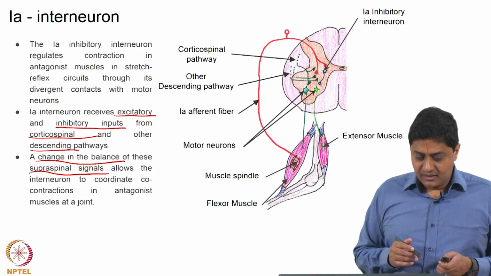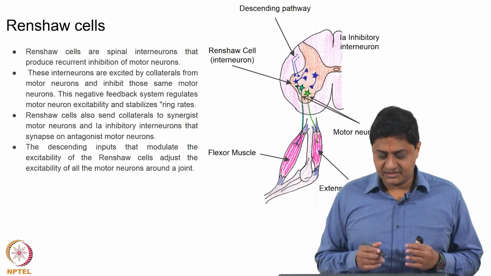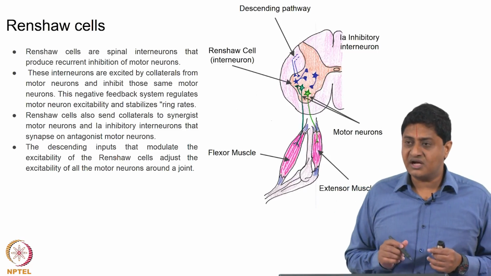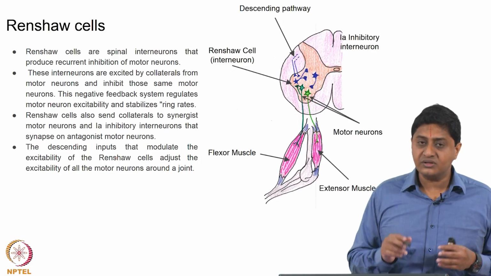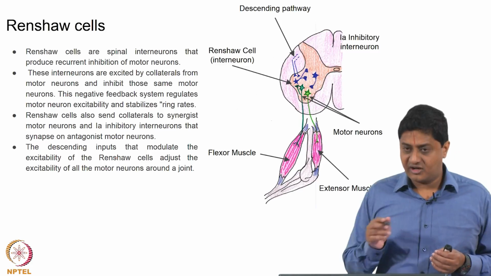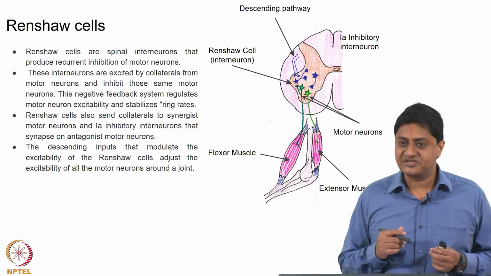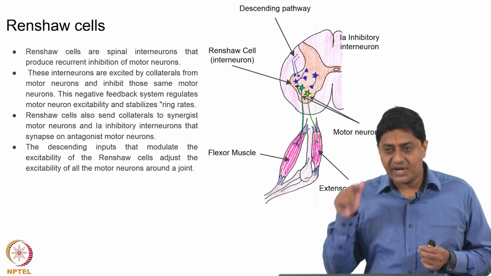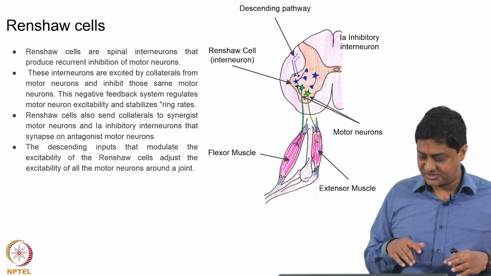And we discussed what these Renshaw cells are. Renshaw cells are interneurons that produce inhibition of the neuron that excites them, and also the motor neuronal pool of the synergists. So, if the biceps is contracting, its Renshaw cell will inhibit brachialis and brachioradialis, all its synergists, and their gamma motor neurons.